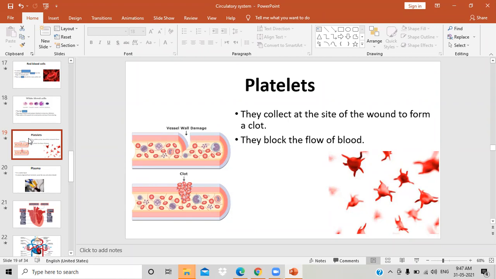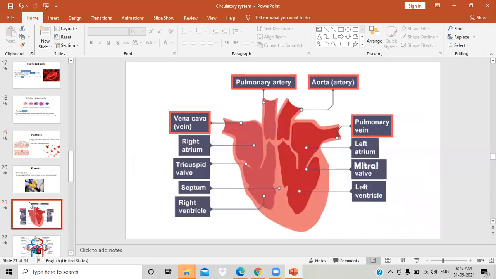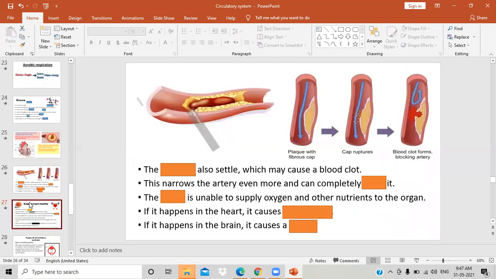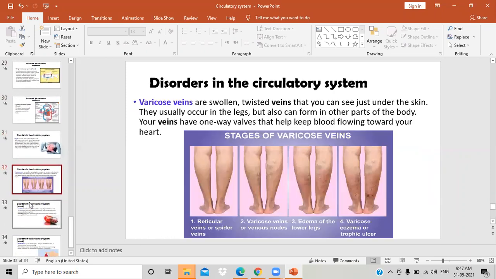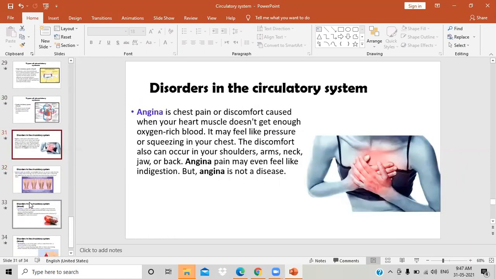Is there anything that you don't understand in the blood components? Miss, I disconnected, so can you say it again? You can rewatch it, Farida. I'm just asking the people who were already here.